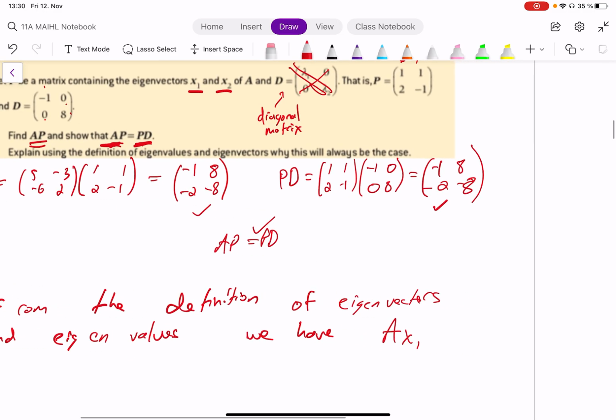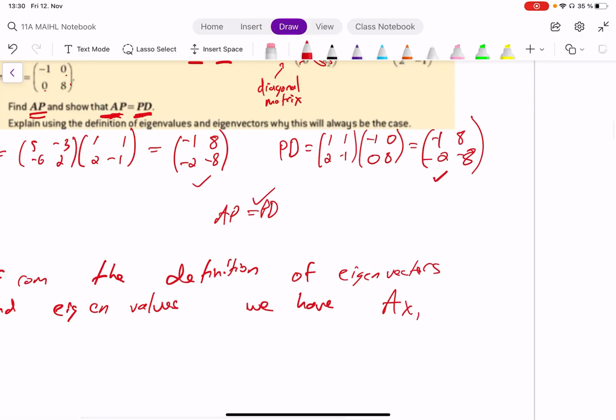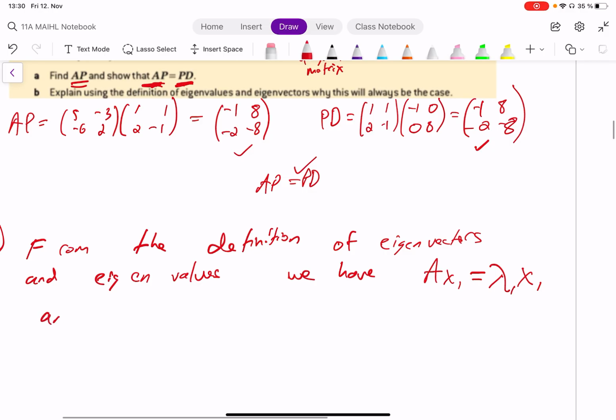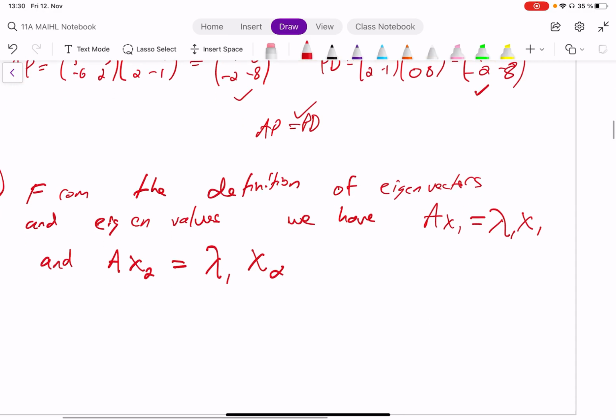If I have A and I multiply it by one of the eigenvectors, which we're representing with x1, it's going to be the eigenvalue times that same eigenvector. Right? That's what it means to have an eigenvector and an eigenvalue. And we know that the same is true for a second set of values. So A, our transformation matrix, times the second eigenvector is the same as taking the eigenvalue and multiplying it by that eigenvector. And these can just be combined.